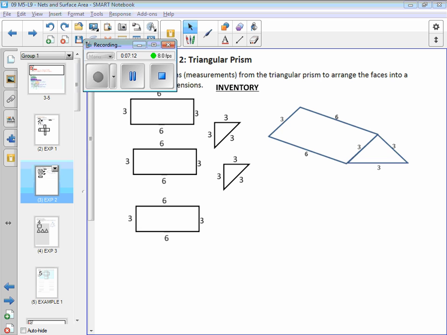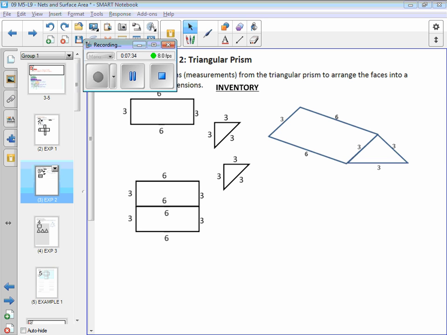Okay, so I think this is easier to assemble than the rectangular prism on the previous page. You have all 3 rectangles that are attached to each other, right? Because you have a rectangle, and on the other side you have another rectangle attached to the long side, and then one underneath.